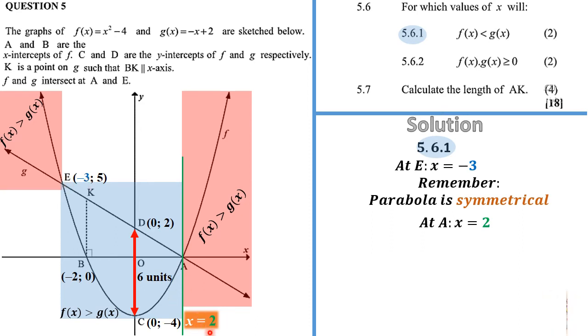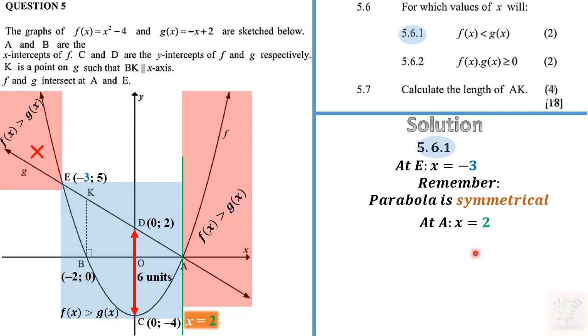So the region where f of x is below g of x is between x equals minus 3 and x equals 2. So x must not be minus 3, because if it is minus 3, the two graphs are equal, and f of x is not less than. If it is A, it is also not less than, but it must be between.